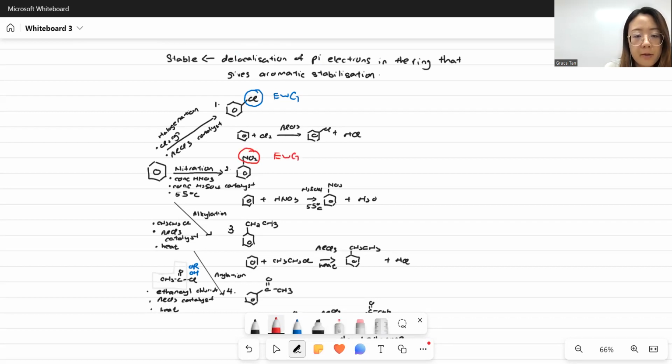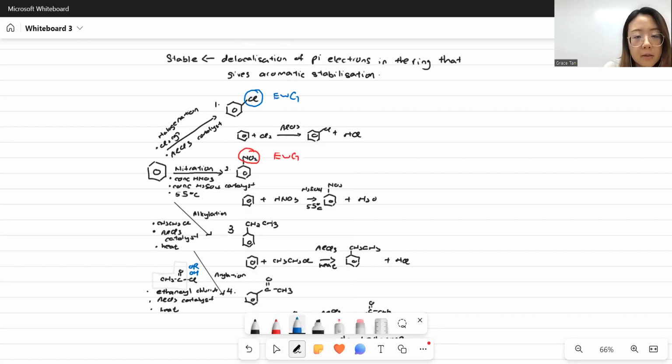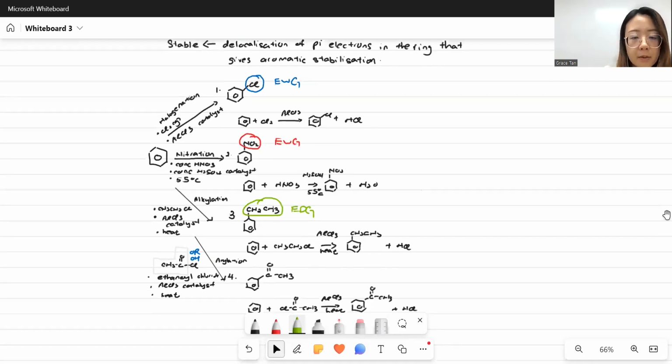And ethyl is an electron donating group. And the last one, your acyl group, is an electron withdrawing group due to the C double bond O.